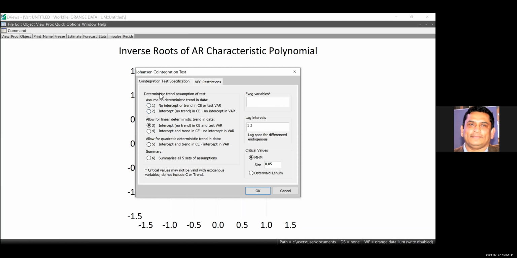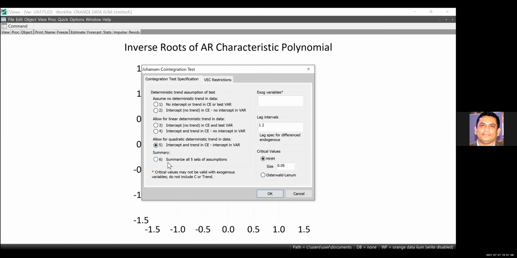So there are a couple of different models. Most of the cases in econometrics, these two models we don't see very often, and also not model 5, either 3 or 4. But you can click 5, summarize all, so that will give all results together.